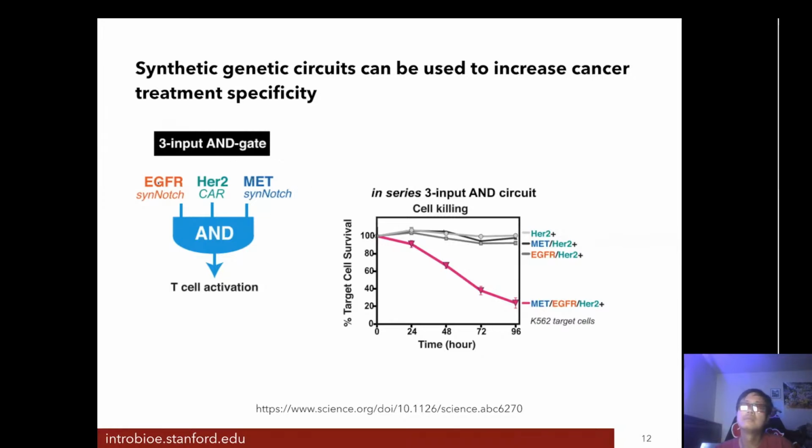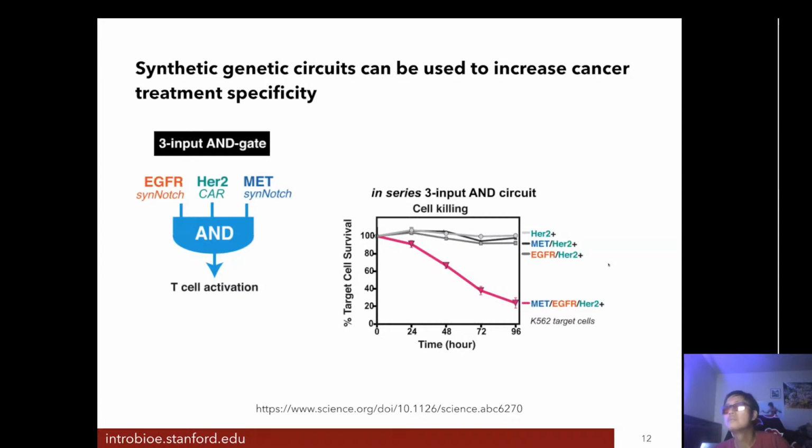By having 3 different input signals, the T cell is able to more specifically kill cancerous cell lines. And this graph on the right is just showing you that it's able to do this very specific targeted killing of cancer cell lines when the 3-input AND gate is used in T cells.